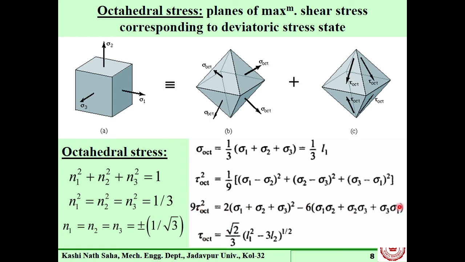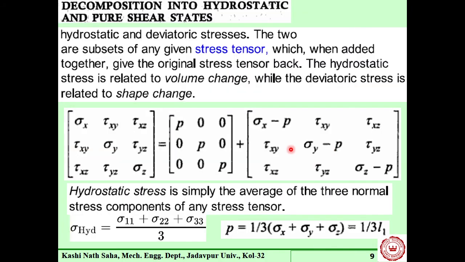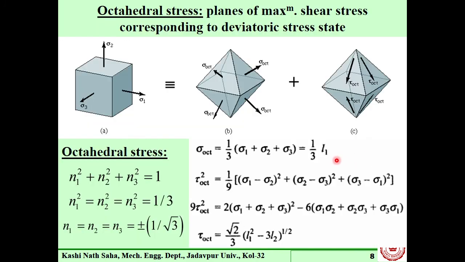Right? First invariant 0, that means this term is 0. So it is now a function of this I2 only, because now our I1 is 0 for that state of stress. But sir, if I1 is 0, this value is negative, minus 3 I2.